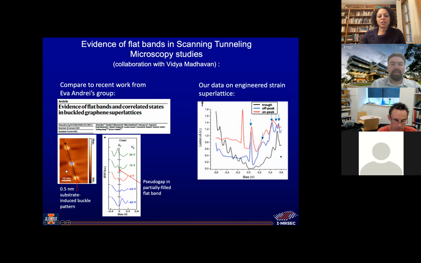Between the spheres, we see these oscillations like what they see, and on the peaks themselves, we see these split partially filled bands, which is very consistent with what they saw for these flat bands. We're still analyzing this data. I just wanted to point out that what's been published before for flat bands on non-engineered surfaces, we can see on our engineered surfaces, and we are now trying to study more.